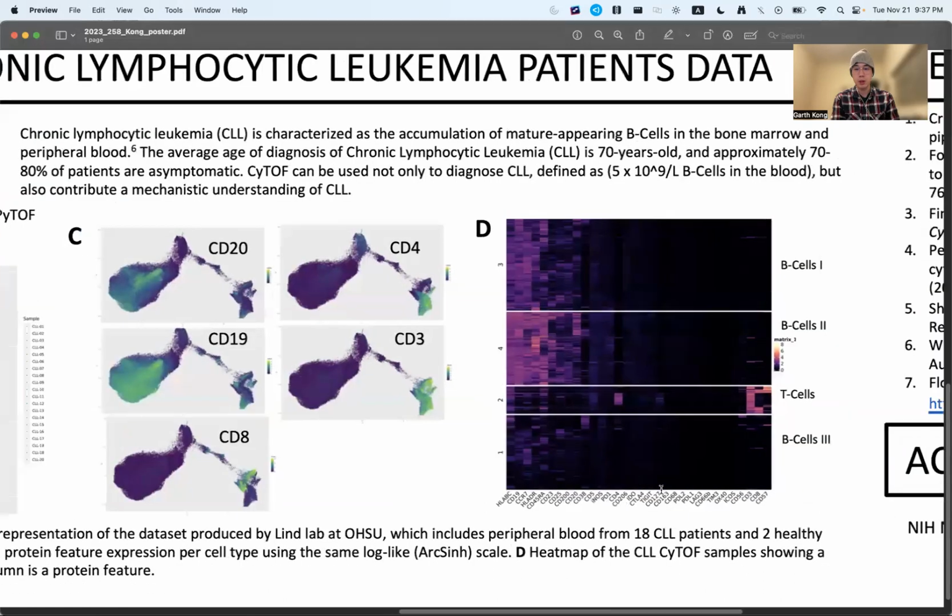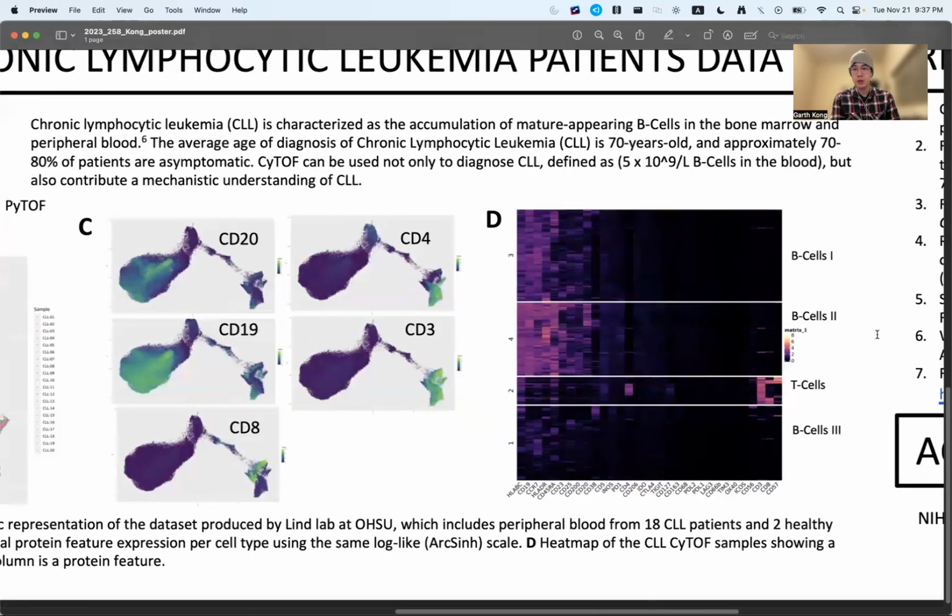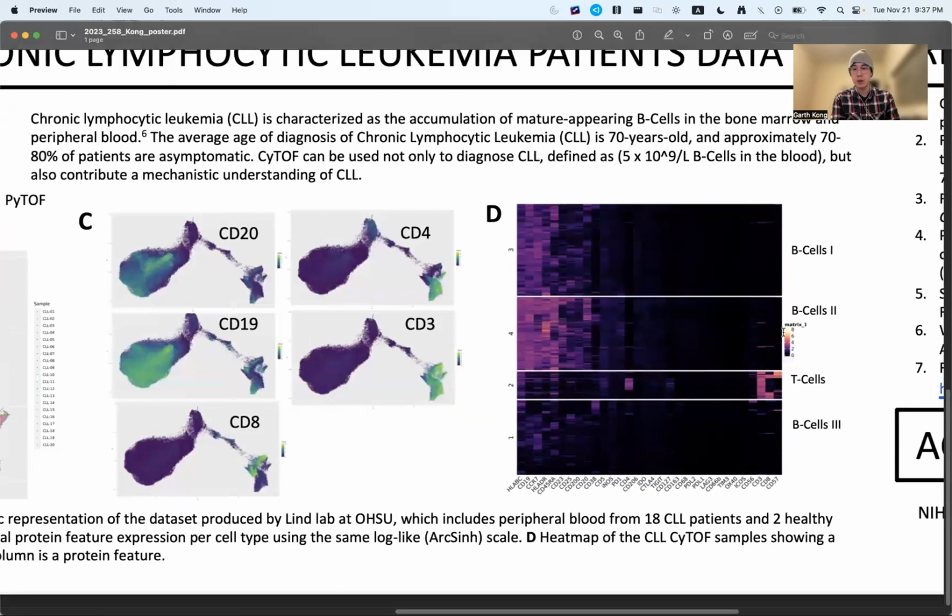Over in the heat map, we see that there are 4 clusters. 3 of them will be B cells due to the high expression of CD19. And then over here is the T cell population.